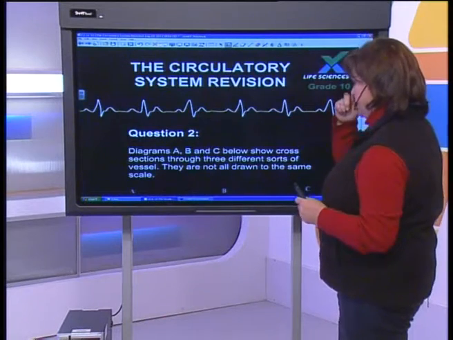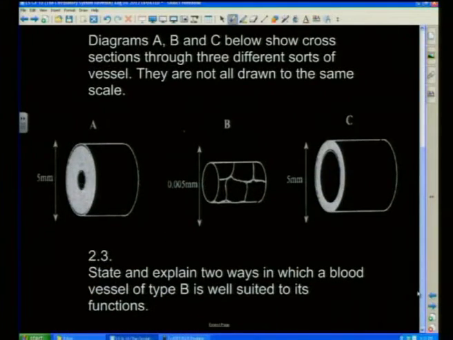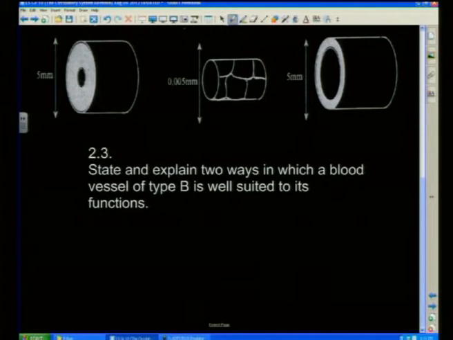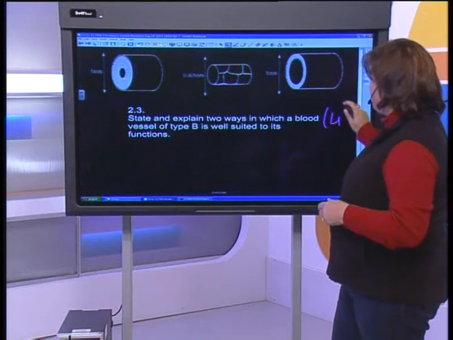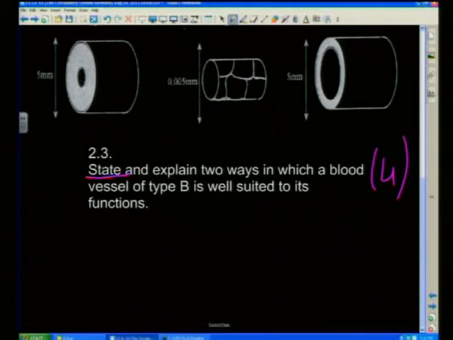Let's go on to the next one. Same thing. Now they're asking you over here to state and explain, very important. If you look at the mark allocation here, it would probably be about 4 marks. There are 2 important words: it asks you to state and it asks you to explain.